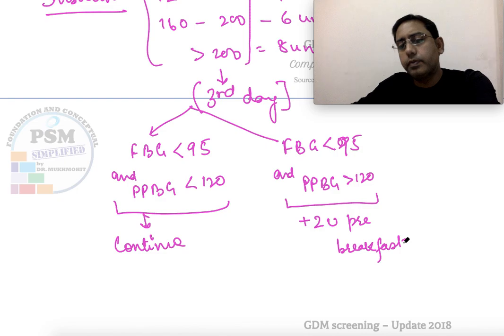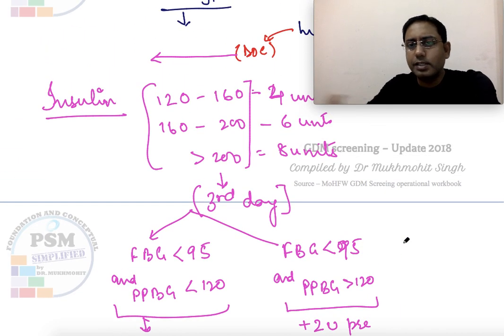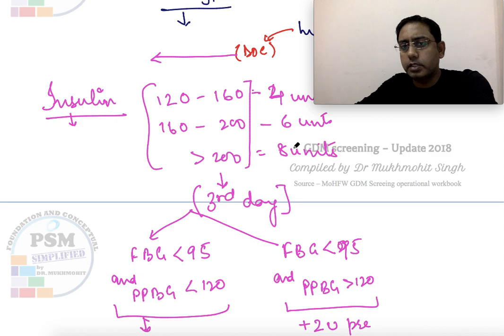All this insulin, please remember, is given as how? The whole dose, 4 units, 6 units, 8 units, is all given as a single dose 30 minutes before breakfast.